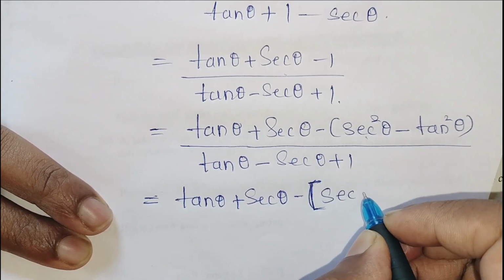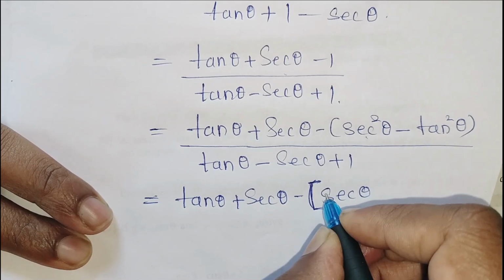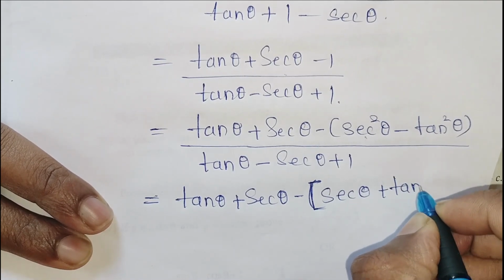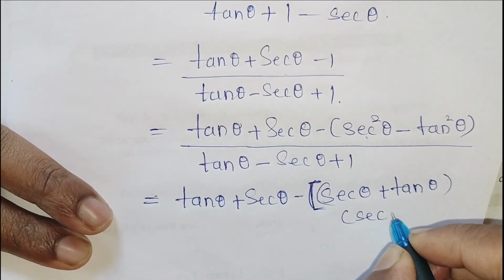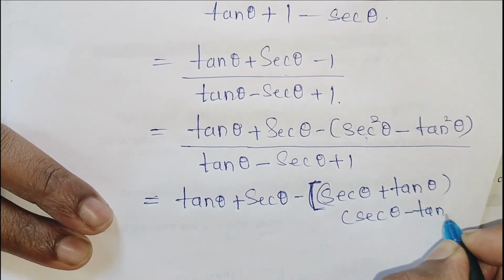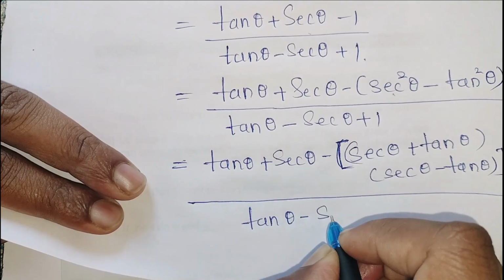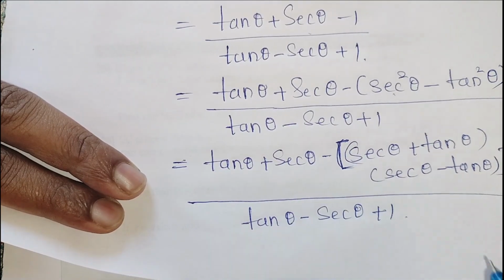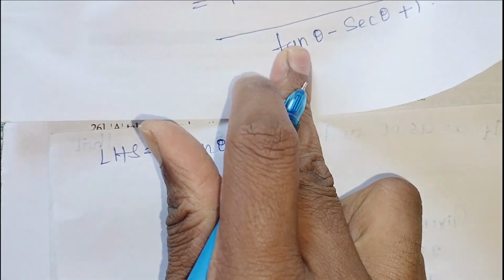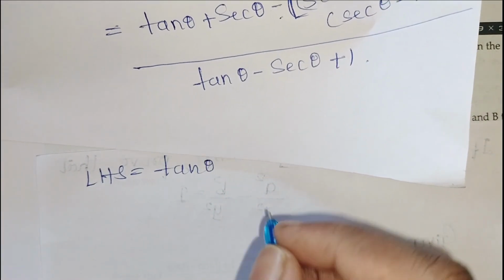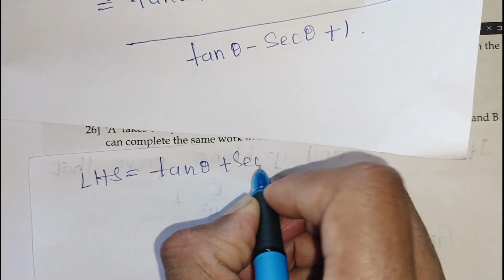Use the a square minus b square formula: sec theta plus tan theta, and the other term is sec theta minus tan theta, minus secant theta plus 1, the denominator, tan theta plus sec theta.